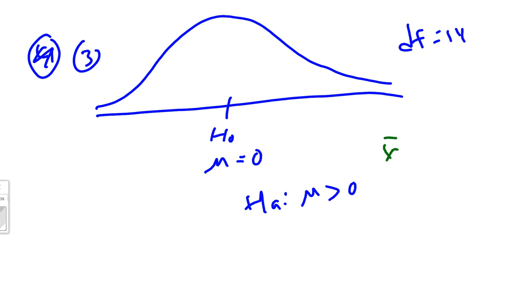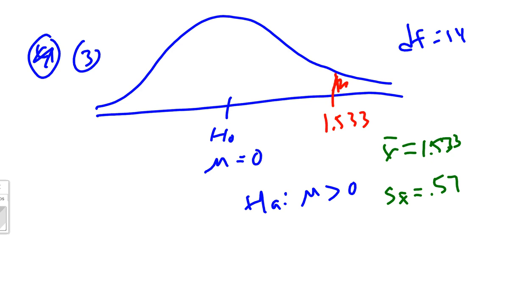Now remember, x bar is 1.533, but we had an s of x bar, sorry, equal to 0.57. So actually this 1.53 is pretty far away. It's out here somewhere.